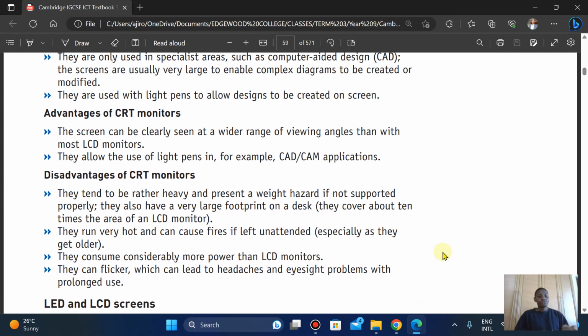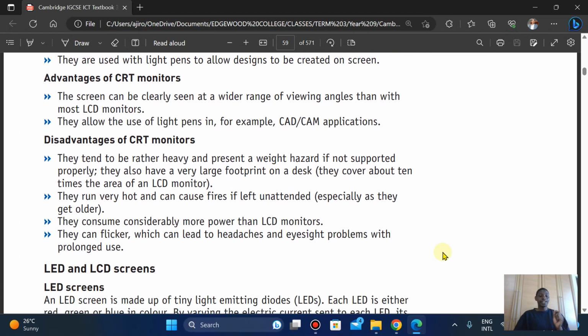They consume considerably more power than the LCD. They can also flicker, and that can lead to headaches, although you see this in more detail in chapter 5, the effects of using IT.